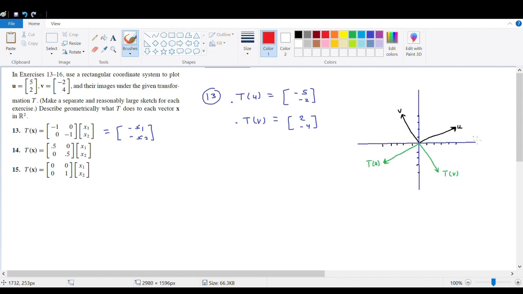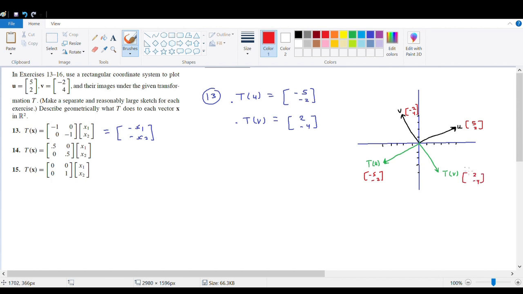So first we sketch the vector u, which is 5, 2, and also the vector v, which is minus 2, 4. After the transformation, T of u is minus 5, minus 2, which is this one, and T of v is 2, minus 4, which is this one.